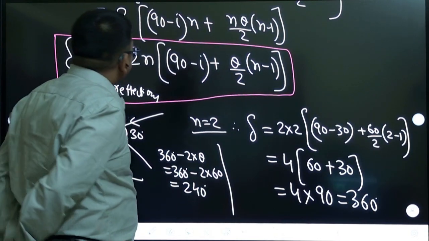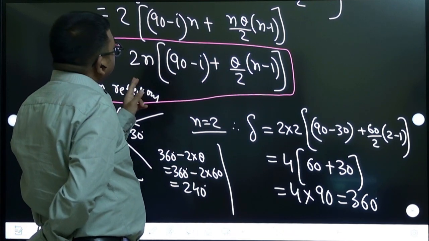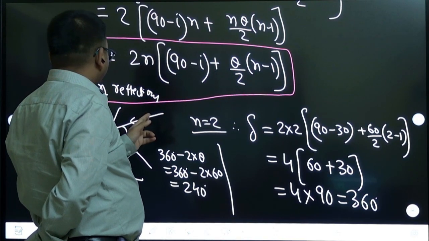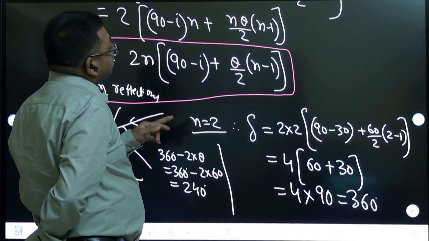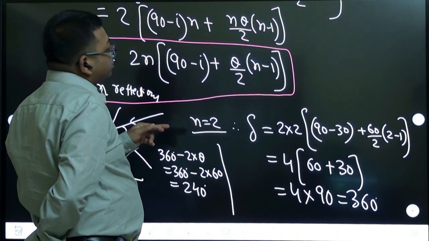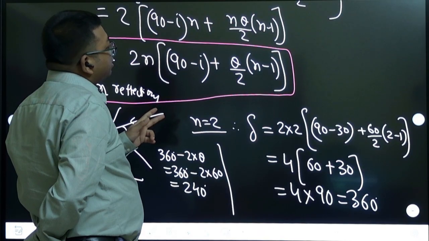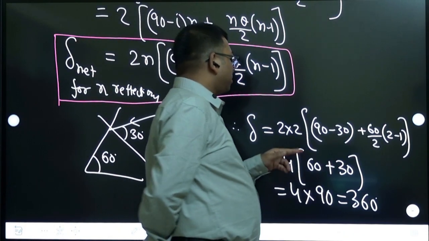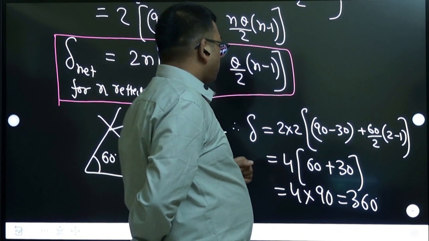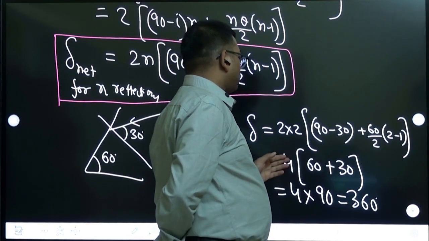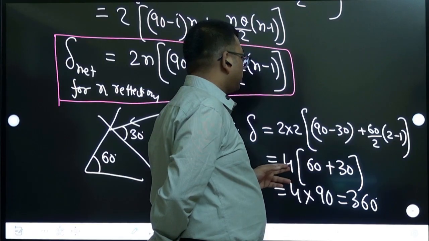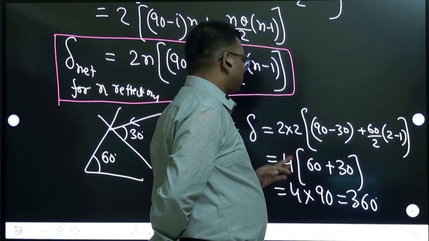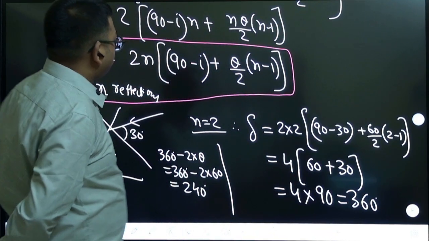Did we substitute correctly? 2 into 2, 90 minus i, 90 minus 30, plus theta by 2, 60 by 2, n minus 1, 2 minus 1. So 2 into 2, 4, 90 minus 30, 60, plus 60 by 2, 30, 30 into 1. It's not coming.